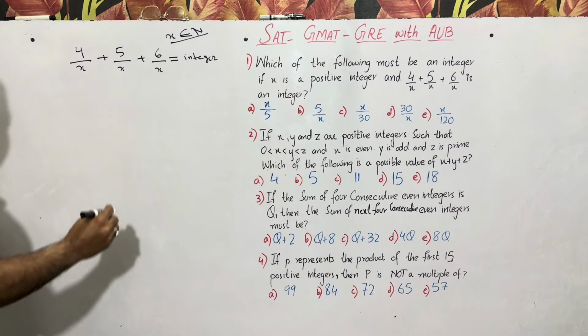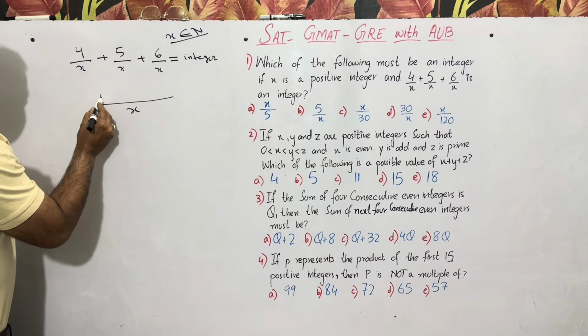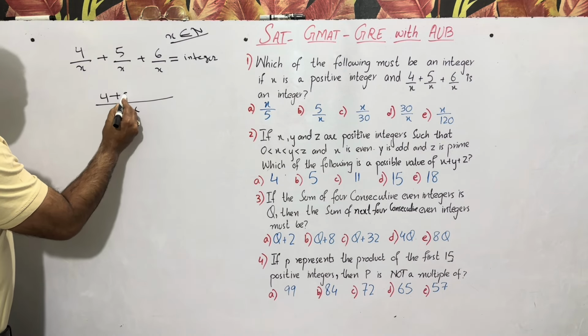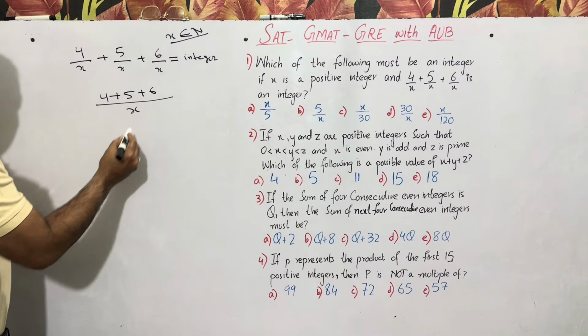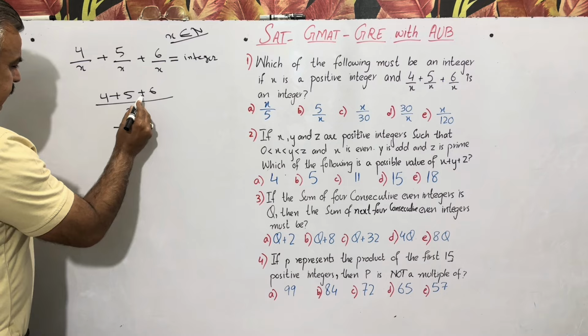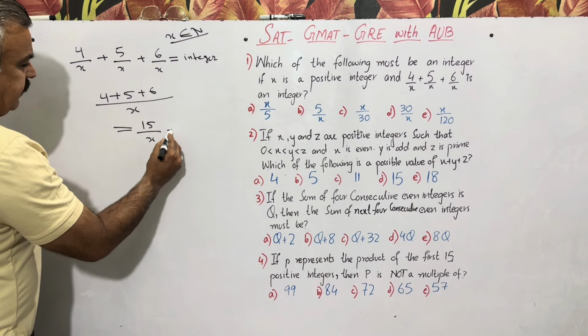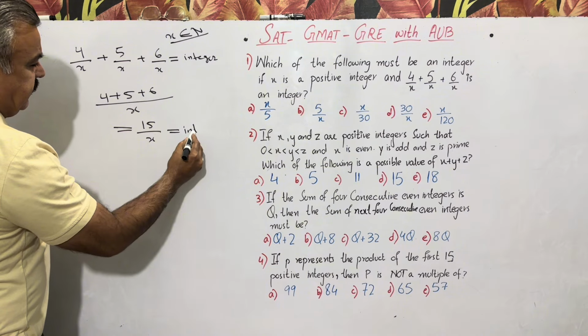Denominators are homogeneous in that case. In these fractions, write x one time and add up the numerators. 4 plus 5 plus 6 is 15, so we have 15 over x. Now this quantity is an integer.